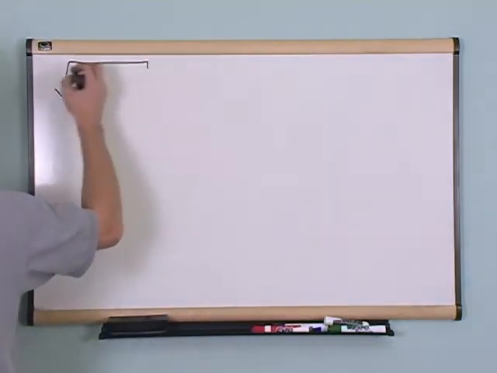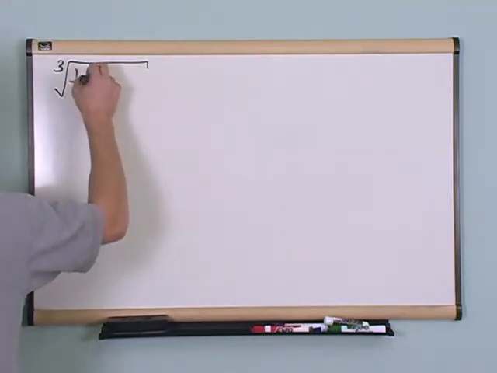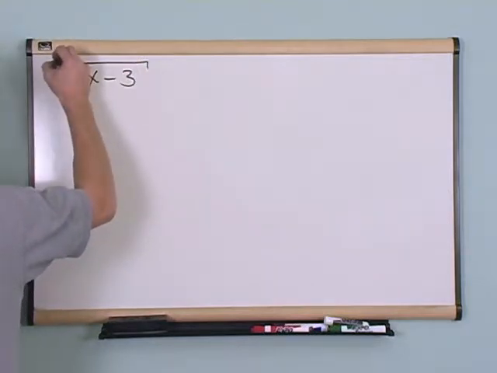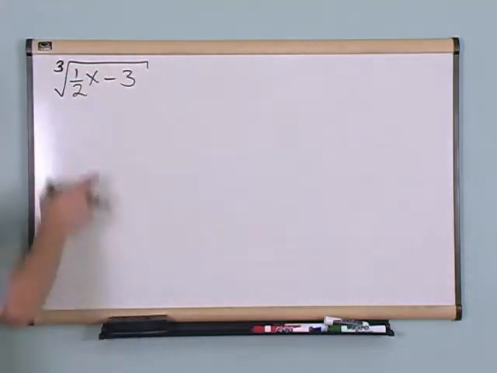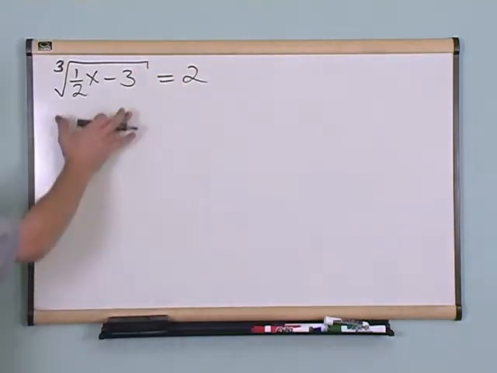So let's say you had the cube root of 1/2 x minus 3, all inside of a cube root, and that's equal to 2. Again, I want to solve for x.